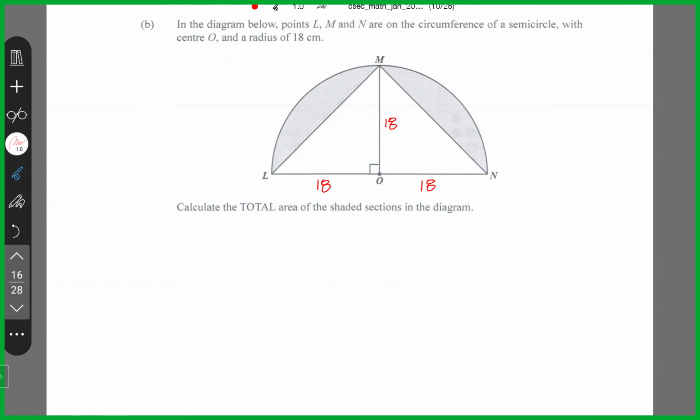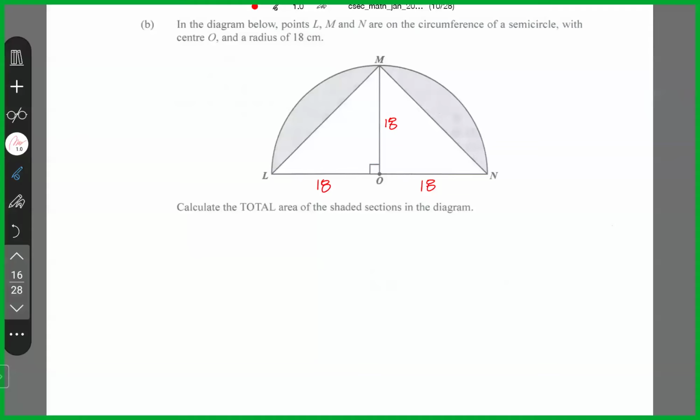Well, you get the shaded section if you take away the triangle from the semicircle. If you take away the triangle from the semicircle, what you'll be left with is the shaded section.